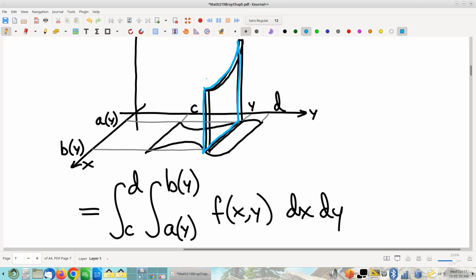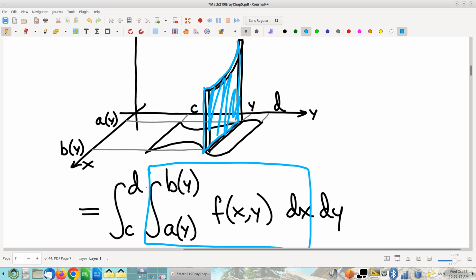On that slice, as we try to compute that area with an integral, the inside integral, this lower bound here comes from, well, wherever it is on this picture that I need to be starting in the x direction.